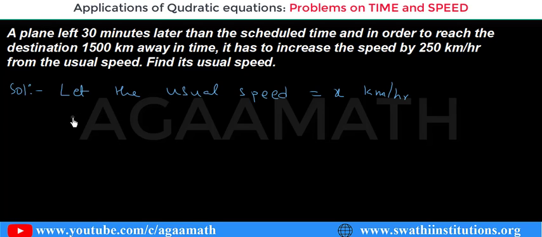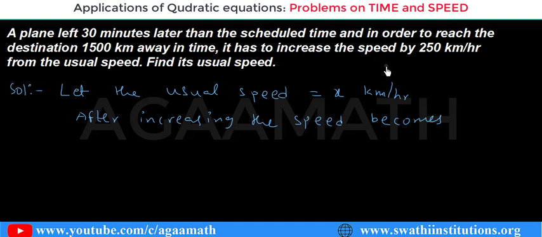So when it increased the speed, what happened? After increasing the speed, the speed becomes x plus 250, because its usual speed is x and it is increased by 250.